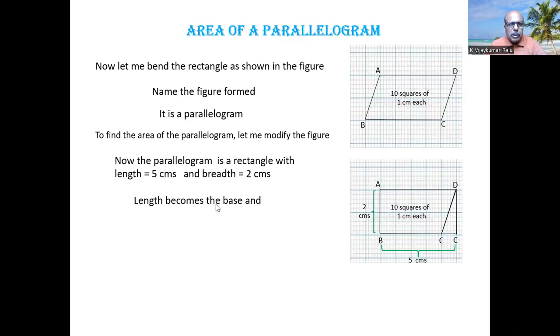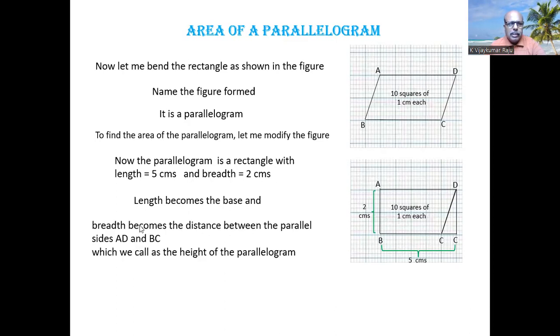So length becomes the base of the parallelogram. This length BC is the base here. So it becomes the base of the rectangle, and breadth becomes the distance between the parallel sides AD and BC.